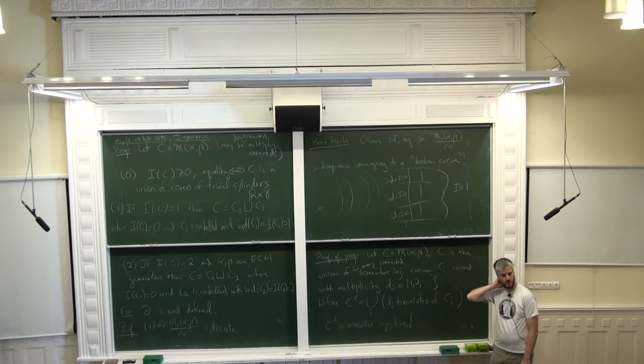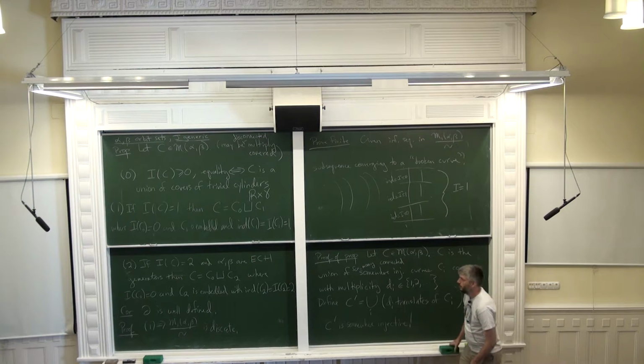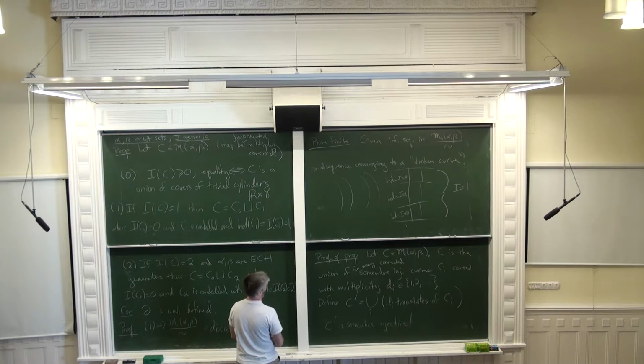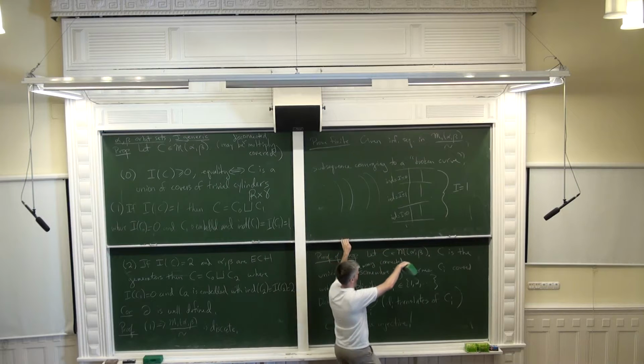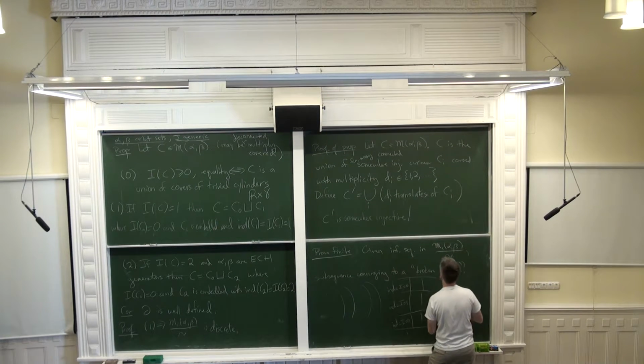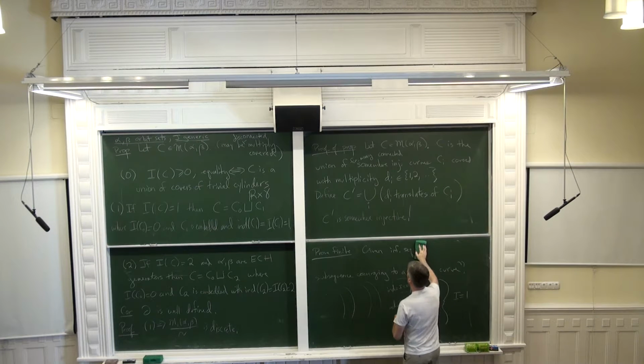I got rid of the multiple covers. And because it's somewhere injective, I can apply the index inequality to it. Let's see. Oh, I guess, sorry, that's not true. I have to make a simplifying assumption for that to be true.